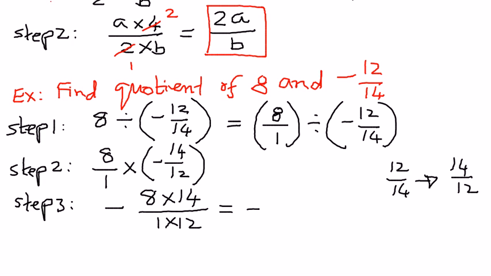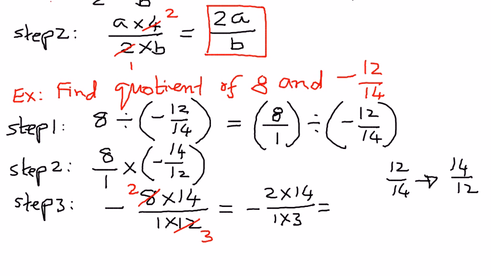So we see that 4 is common between 8 and 12. 4 times 2 is 8, and 4 times 3 is 12. Therefore we multiply the numerators here. We have 2 times 14 divided by 1 times 3.